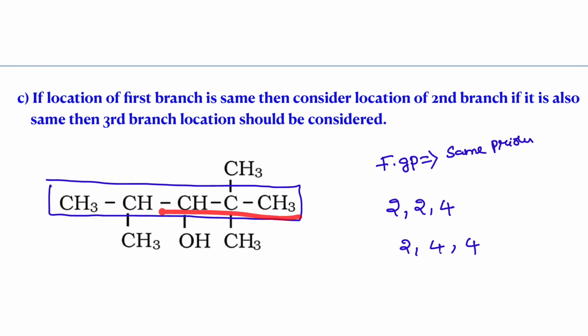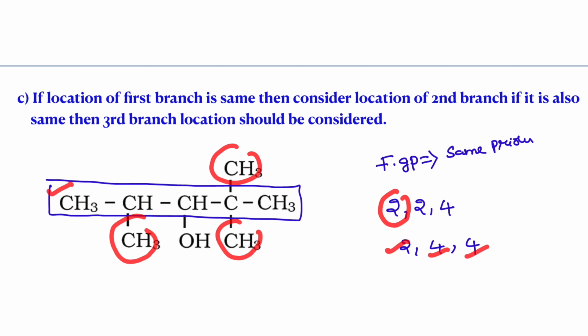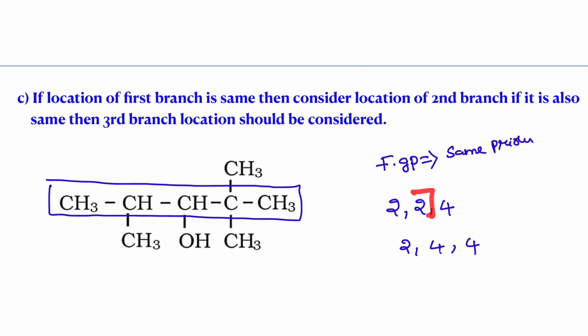So when numbering is done from the right side, the branches are receiving the locants like 2, 2, 4. If you give numbering from the left side, the branches are receiving the numbers 2, 4, 4. So this is 2, this is 2. So we cannot decide. But here the second locant is 2, but here the second locant is 4.